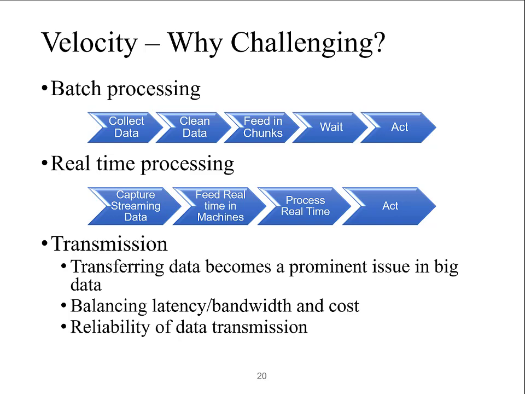So basically you would collect the data and clean the data, and feed them in chunks. The data you collected could span years, a lot of data to help you make the decision. After you feed them in chunks, you wait for new data to come in, and for a fixed amount of data, you act, you do the prediction, or you make the decision.